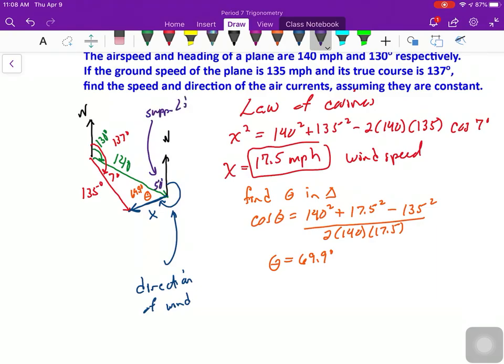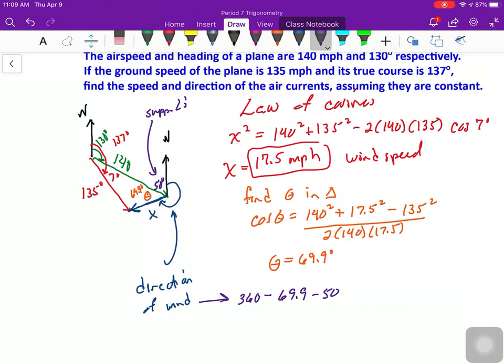Okay, so if this is 69.9 degrees, and then I know that I have supplementary angles, so this one is 50 degrees.